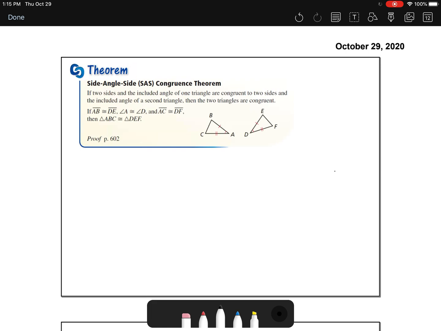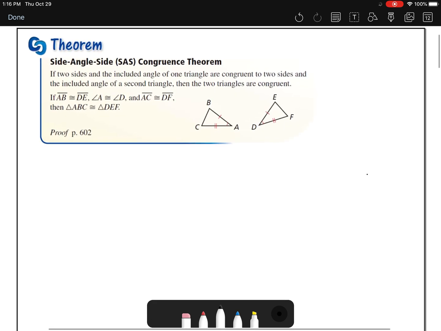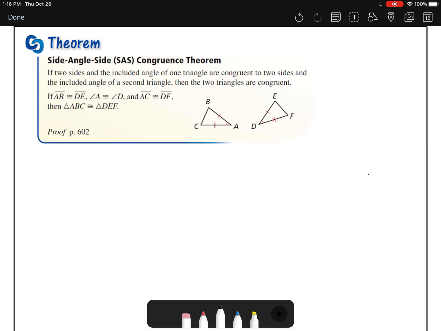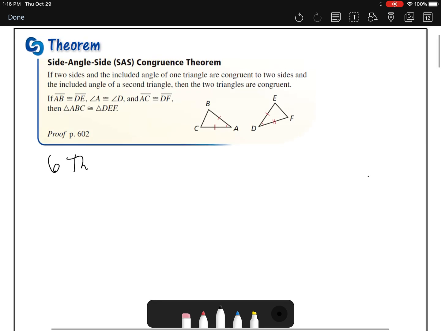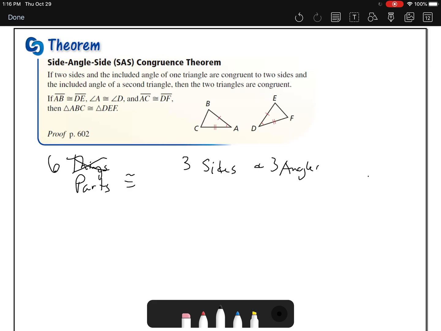If we talk about correspondence in a triangle, remember, we have 6 parts that are congruent: 3 sides and 3 angles, correct? So if you have congruent triangles, then you know that these 2 things are true.